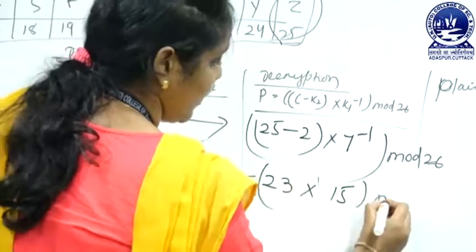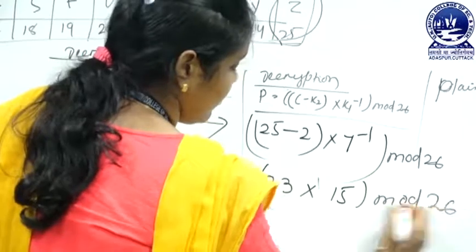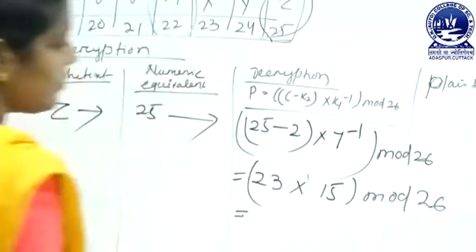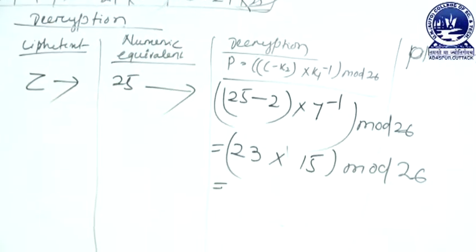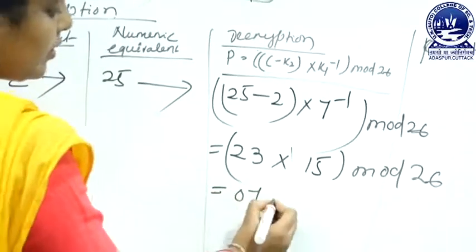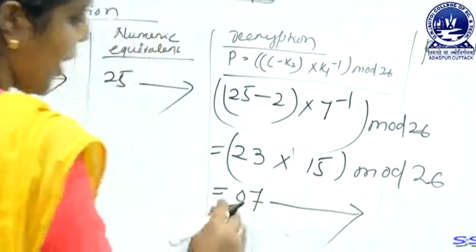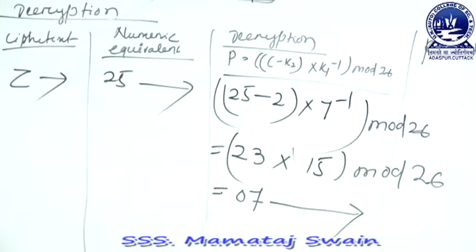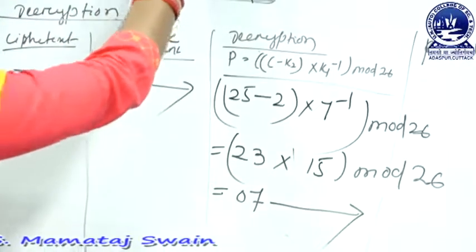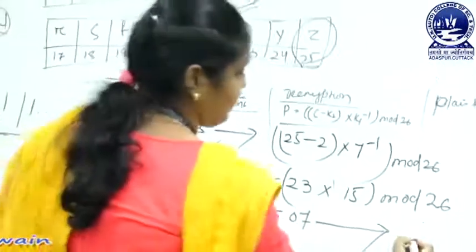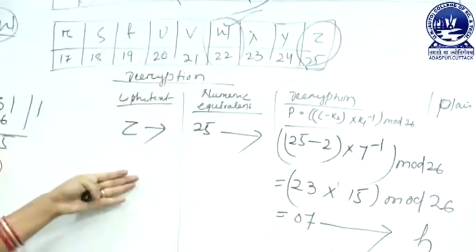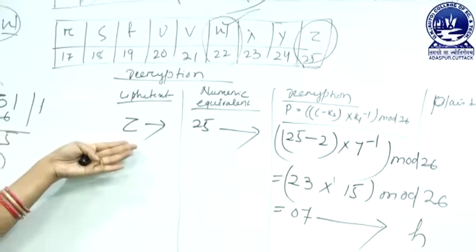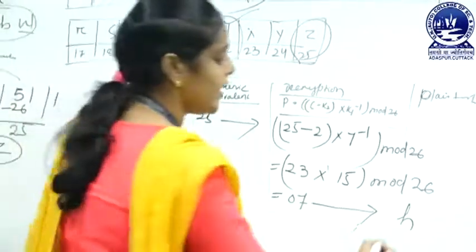Then mod 26, that is equal to 7. Now you find out the alphabet equivalent for this 7. Here for 7 the alphabet equivalent is H. That means for our ciphertext Z we calculate the plain text that is H.